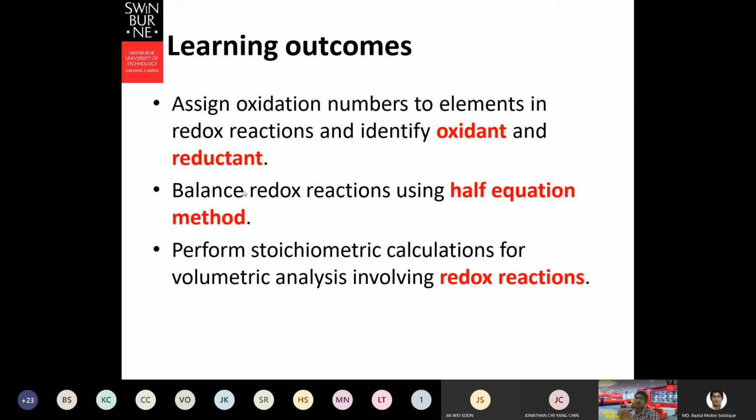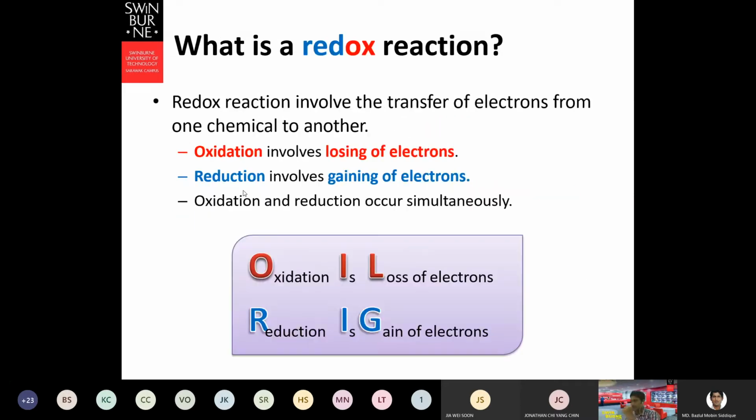Now, first of all, like anybody else, you would also ask: what is an oxidation and a reduction reaction? To sound it better, it is called a redox.